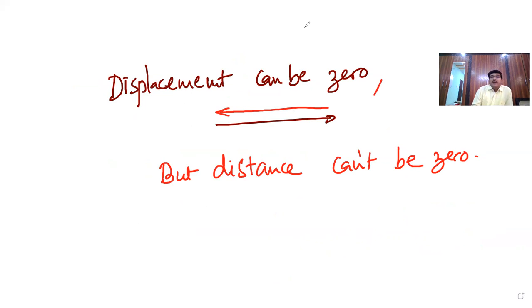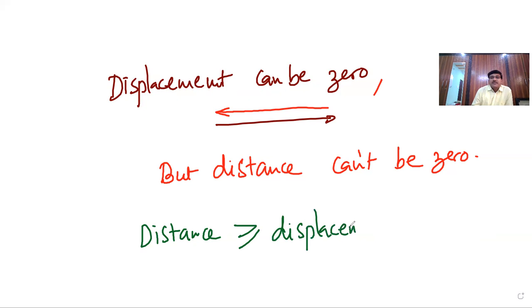Clear? That means, remember, the distance is always greater than or equal to the displacement. What is displacement? Shortest distance.